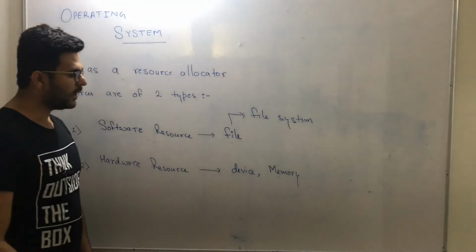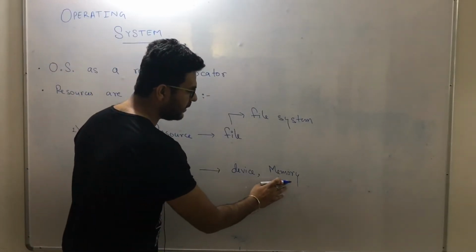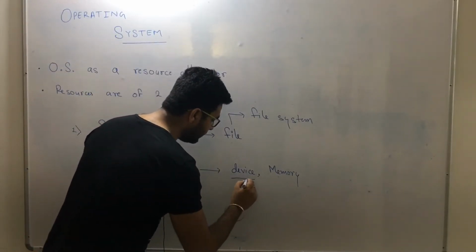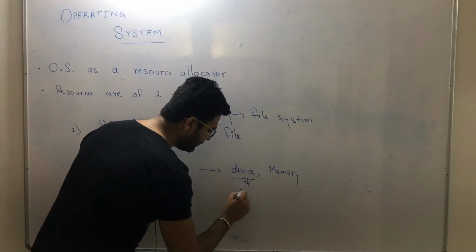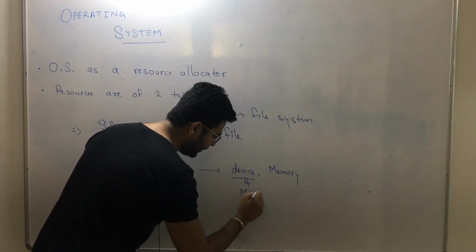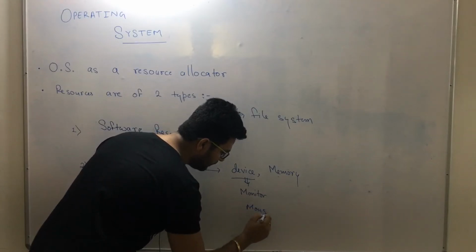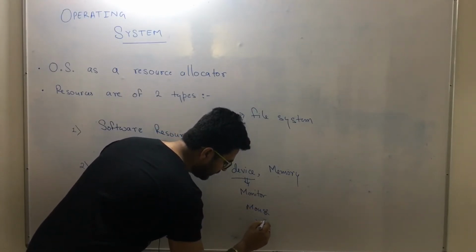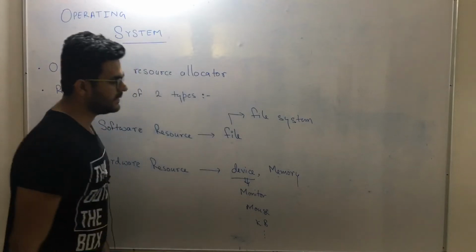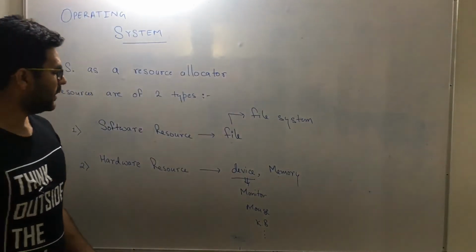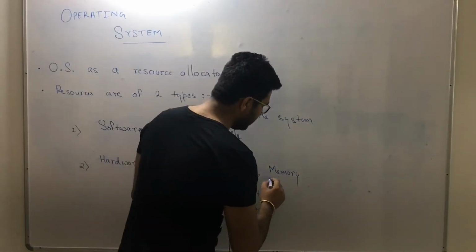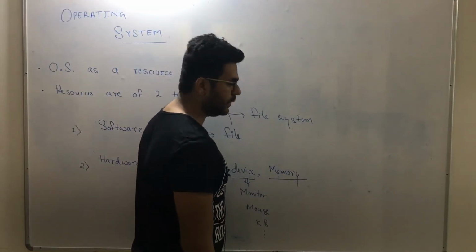And there are several hardware resources like devices and memories. A device can be a monitor, it can be a mouse, or it can be a keyboard, and many more. Similarly, there are several memories which an operating system can allocate to a user.